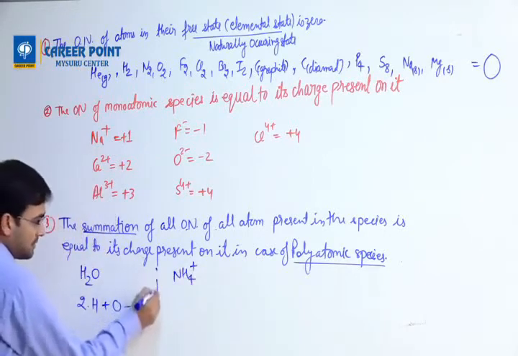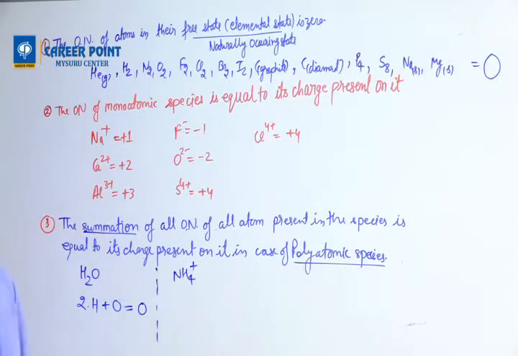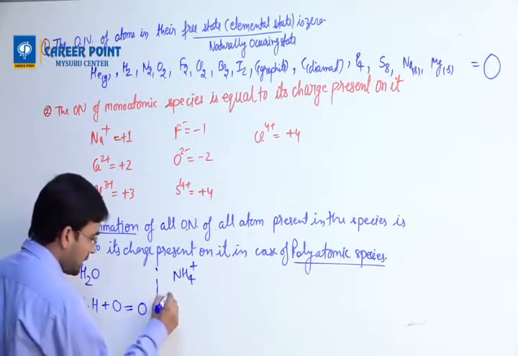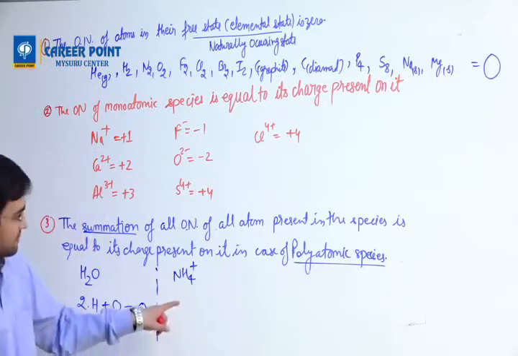I can do it for this also. NH4 plus. This is also a polyatomic species. Now in case of this, what should I write? Okay, write for this NH4 plus.